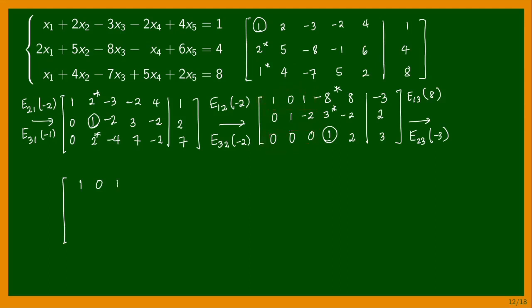So let's just write 1, 0, 1. Next, 8. 8 times 1 is 8 plus negative 8, that's 0. Of course, that has to be 0. 8 times 2 is 16 plus 8, that's a 24. I hope we're doing this correctly. Well, we will see.